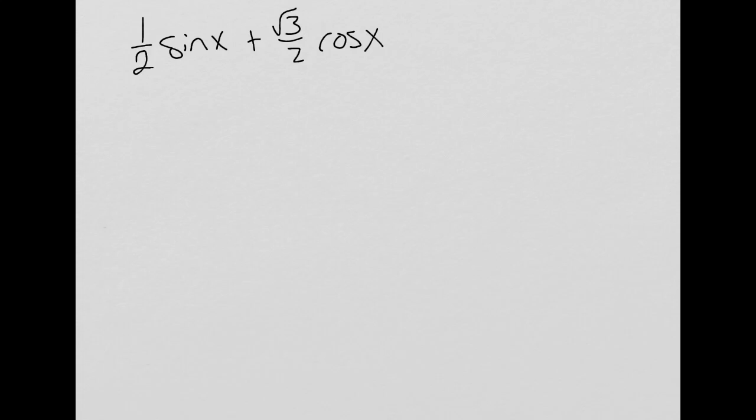So if I add a couple of variables, let's say theta is equal to pi over 3. Well, cosine theta is then 1/2, which I have right here.